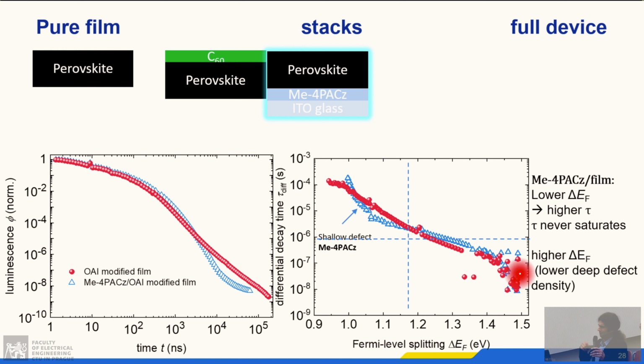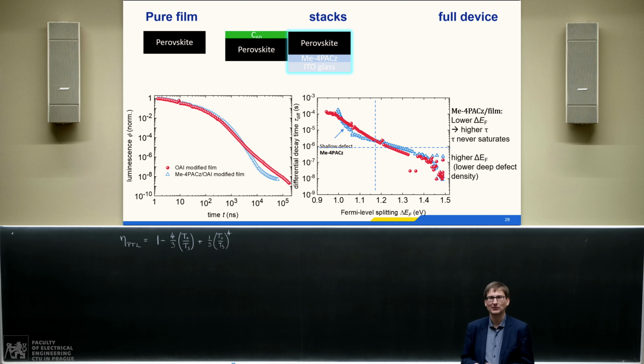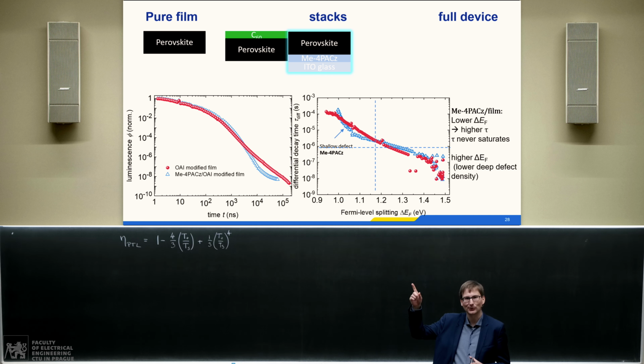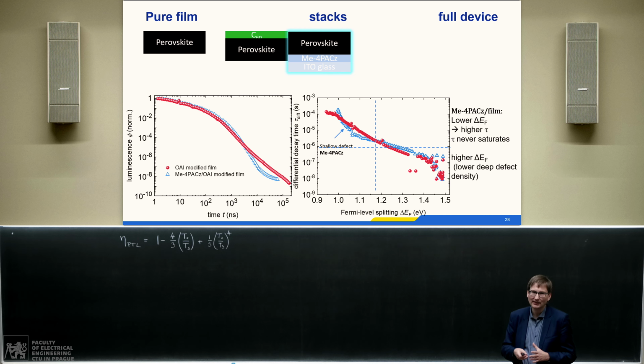So you can calculate what you start with, and then from there, every 60 millivolts in this direction corresponds to one order of magnitude on this axis, because you know that photoluminescence scales with exponent of the Fermi level splitting over kT. And this is very fundamental. It always works for band-to-band recombination as long as you're in the Boltzmann approximation. And so there's very little that can go wrong.